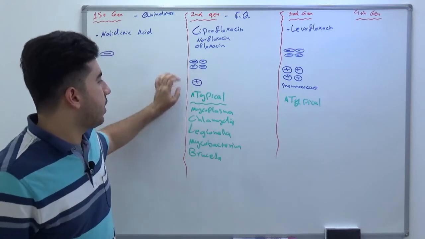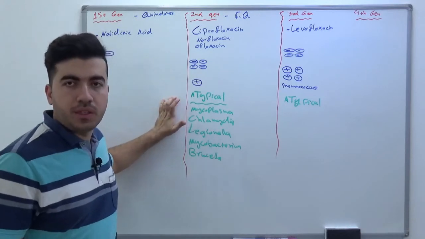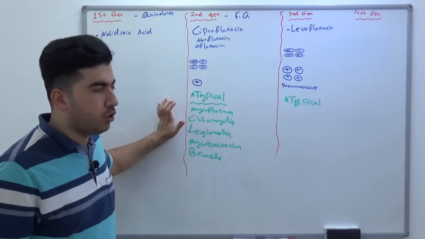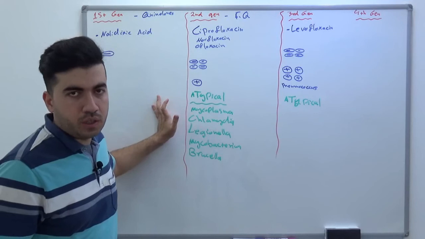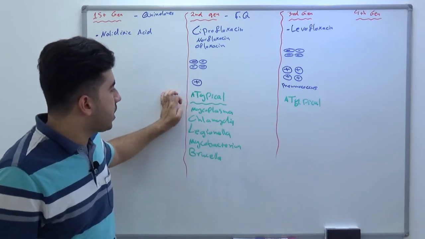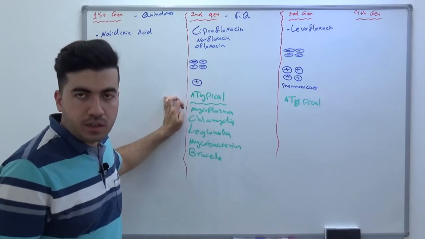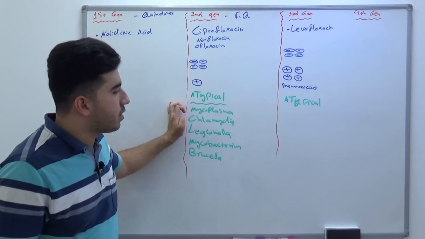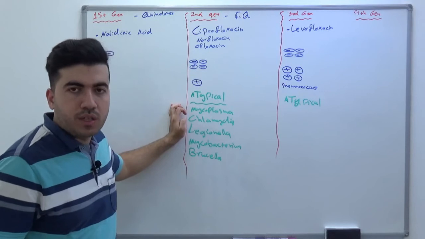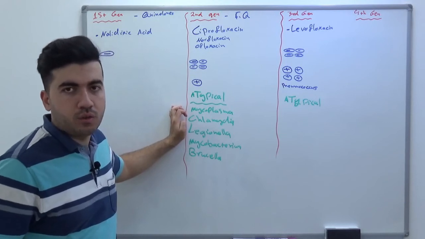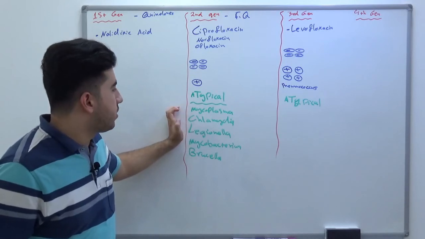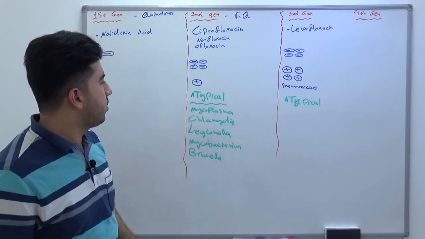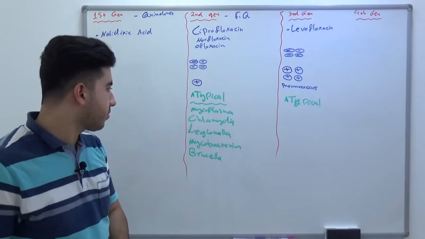Ciprofloxacin is not only effective against them in vitro, but in our body also effective due to its penetration into the neutrophils and also the macrophages. These atypical microorganisms are regarded as intracellular organisms, right? And ciprofloxacin, levofloxacin, or other fluoroquinolones have the ability to penetrate into our cells, so they can effectively kill these organisms. But why are they called atypical microorganisms?